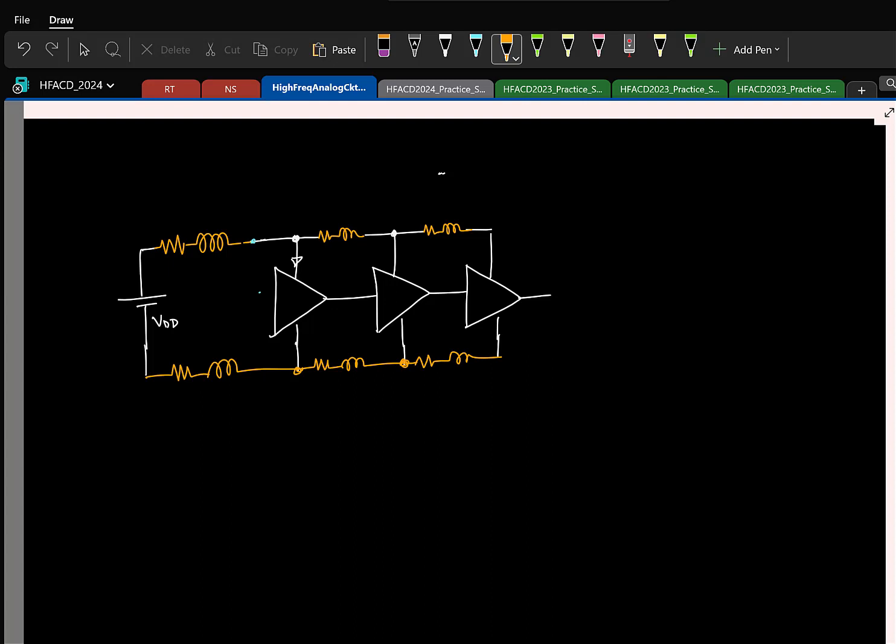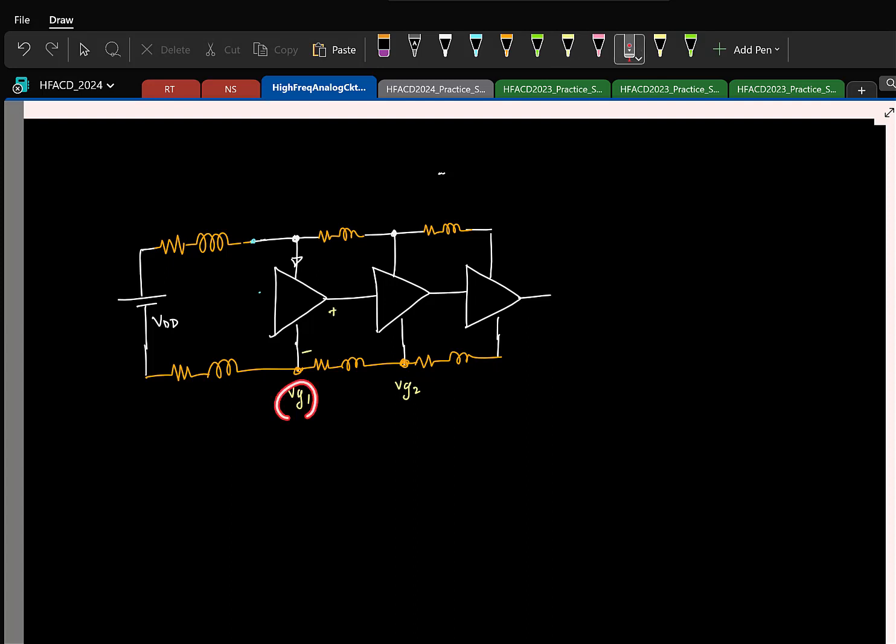So it should be clear, the ground the first block sees is definitely not the same the second block sees, because you will have again the switching currents flowing in this path, causing the ground also to jump.